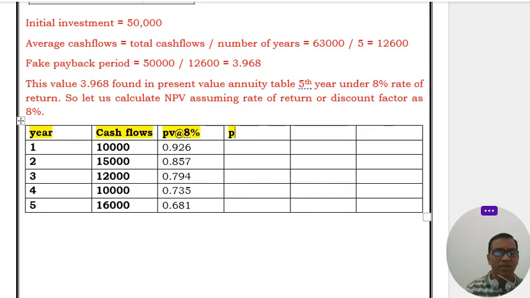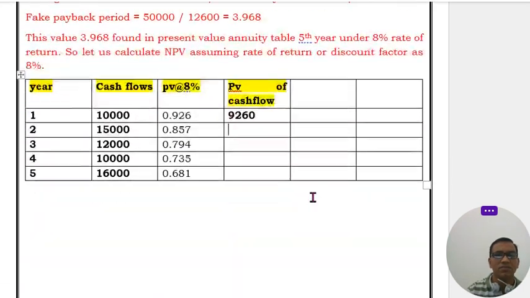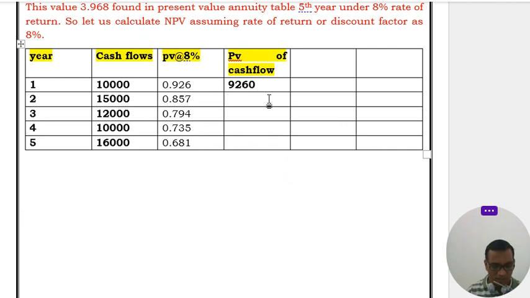And now PV of cash flows. How do we get PV of cash flows? Cash flow multiplied by table value. 10,000 multiplied by 0.926 is 9,260. Next, second year 15,000 multiplied by 0.857 equals 12,855.